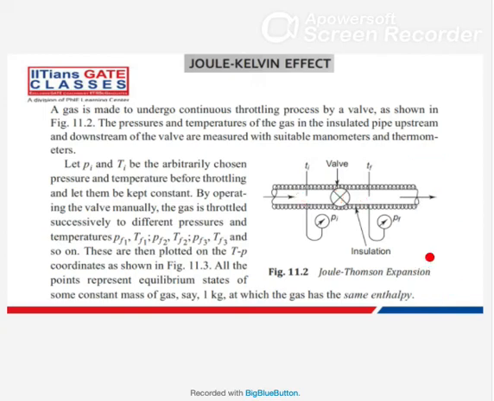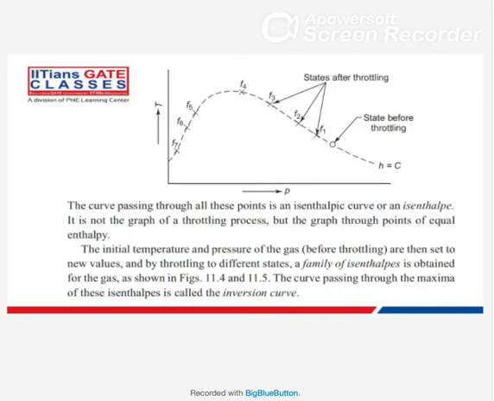Now when you plot these different temperatures and pressures, Tf1, Tf2, Tf3, or Pf1, Pf2, Pf3, on a T-P plot, with temperature and pressure as axes, this is your initial state before throttling. With a small amount of throttling, a small expansion, you reach here, and with further expansion, you reach here. See, the temperature is increasing.